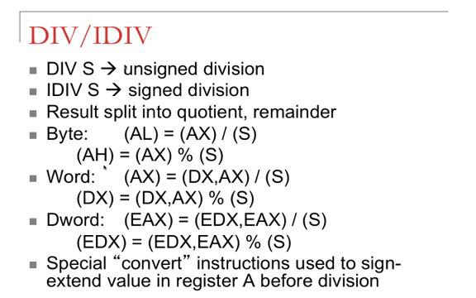Similarly, we're going to use other registers to store the quotient and remainder for the division operations. Again, just let you know that we will not cover multiplication and division in the exam. These are just for your information.